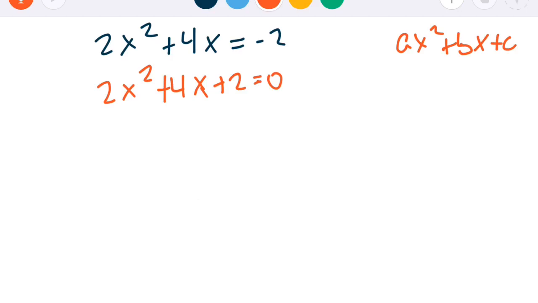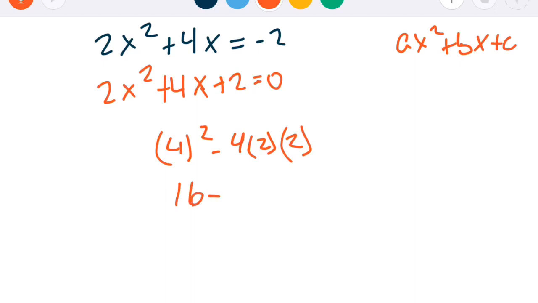All right, so now we're going to use the discriminant, b squared minus 4ac. In this case, we do have a number in the a position. It's not just 1, it's 2. So I have 16 minus 4 times 2 times 2. 4 times 2 times 2 is 16. And 16 minus 16 is 0.